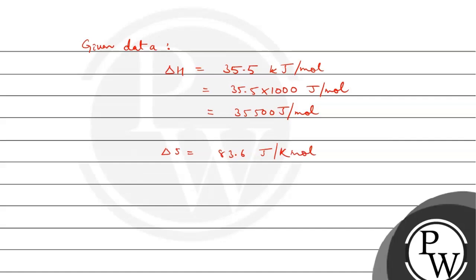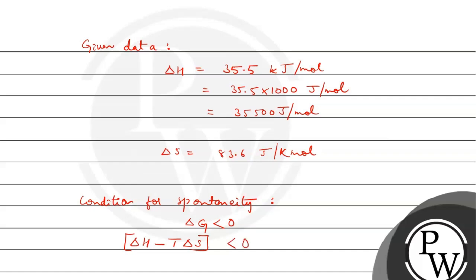So we know the condition of spontaneity. Condition for spontaneity we know, that is delta G should be less than 0, and we know that delta G is nothing but our delta H minus T delta S. So this term should be less than 0.